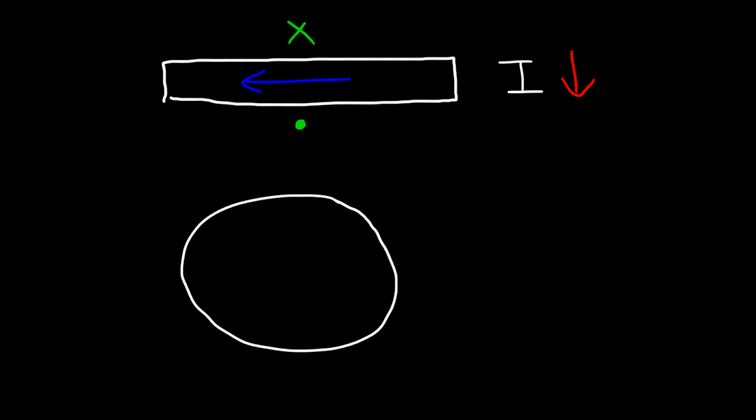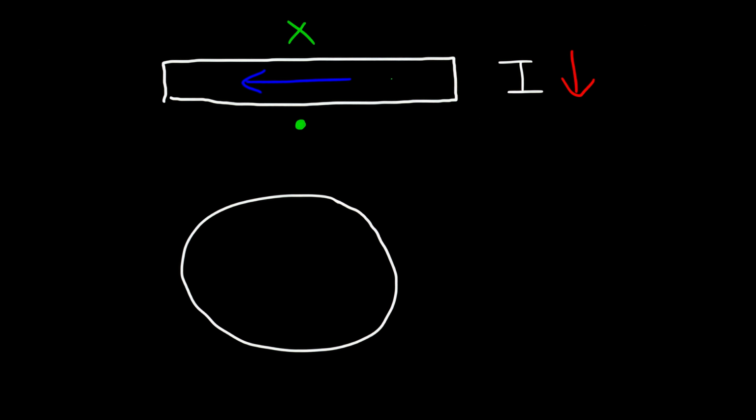I'm not going to draw it, but that's how it should look. So the external magnetic field is out of the page below the wire. And that's what we want to focus on, because that's where the circular wire is located.